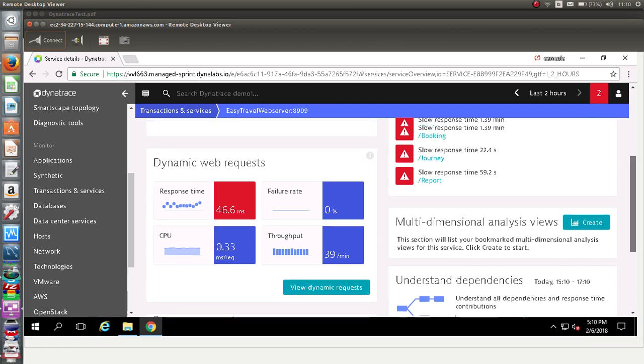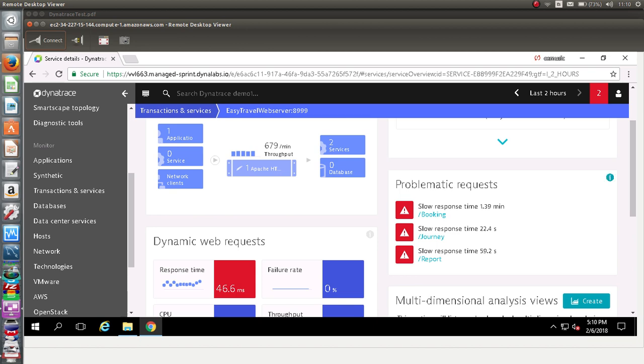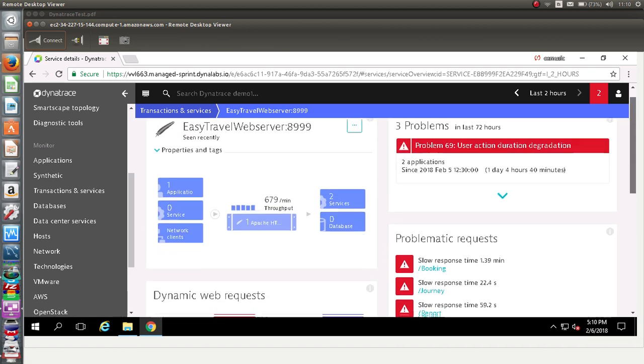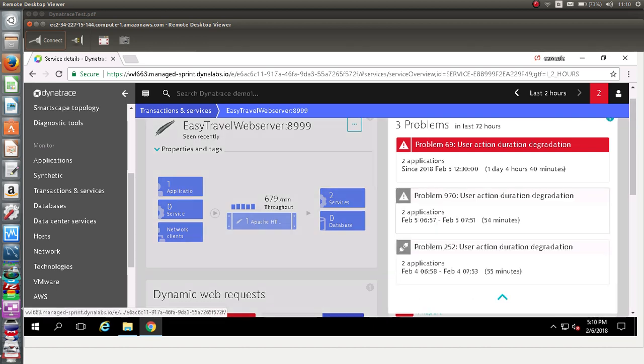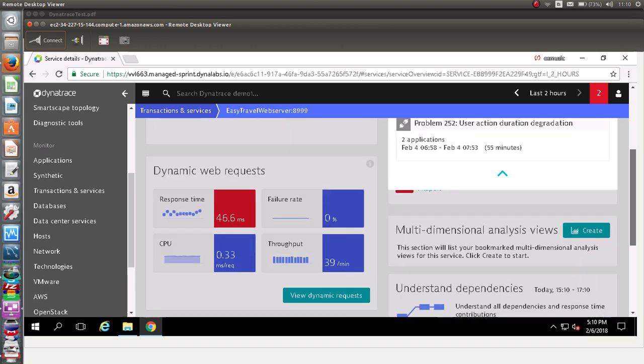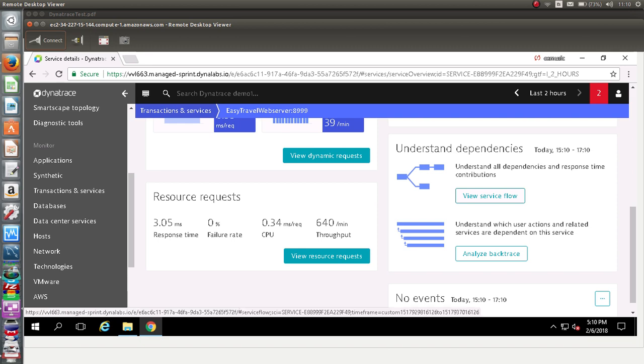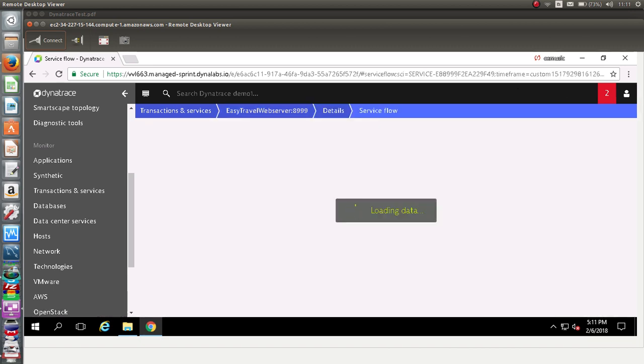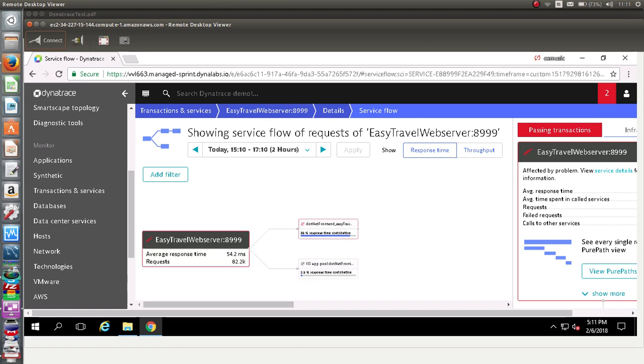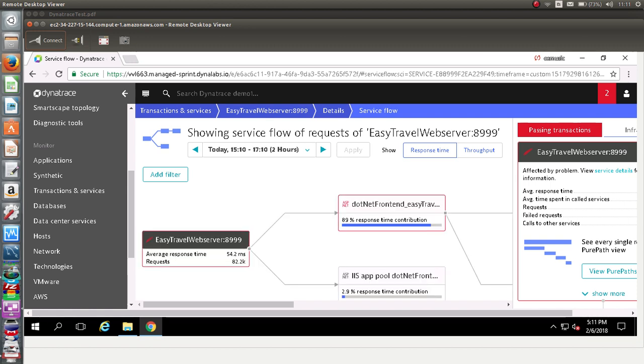So we can see what the problematic requests are, and what is happening with this degradation. Okay, we can see the service flow to get what the problem of this service is.